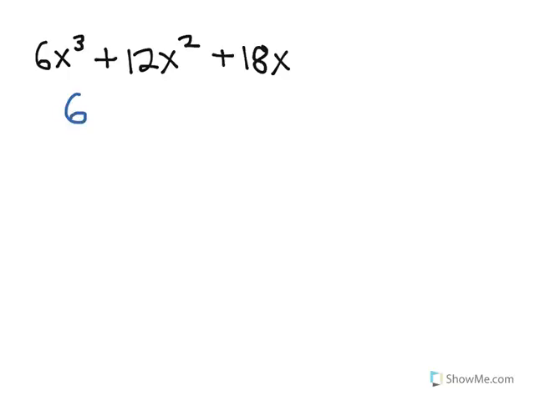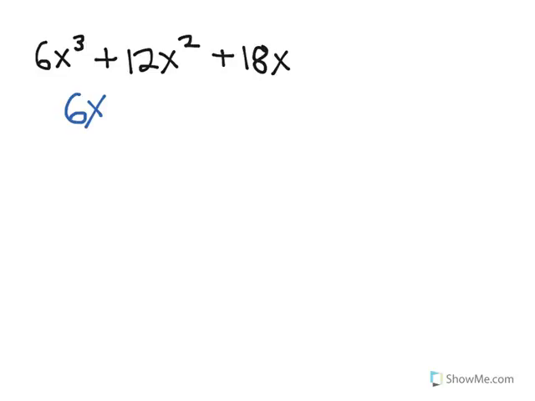And then as we look at the variable part of each of these terms, the x cubed, the x squared, and the x, they all have the variable x to the first as a common factor. And so our greatest common monomial factor of this polynomial is 6x.